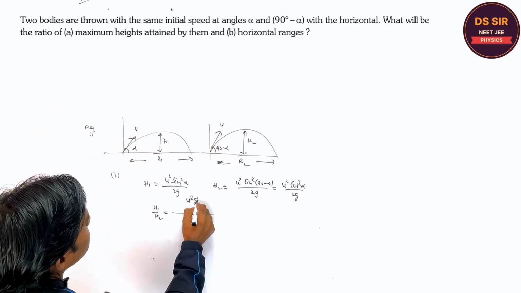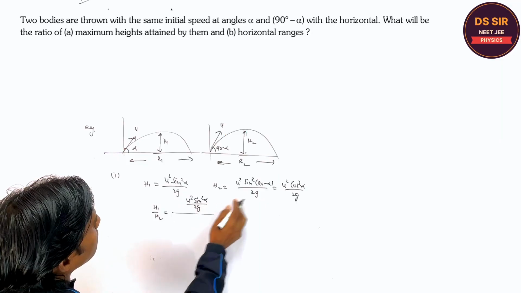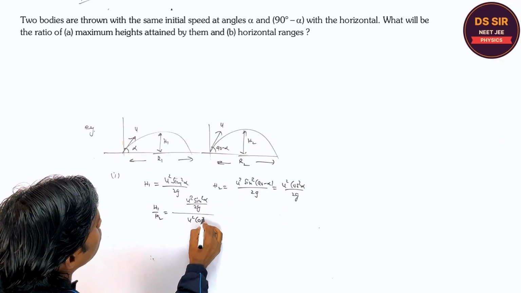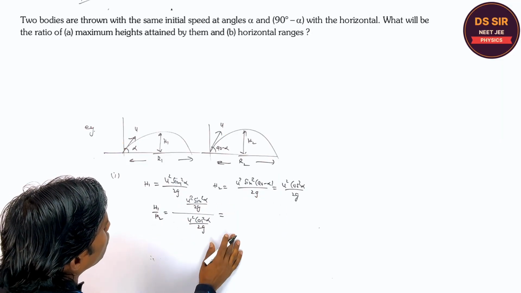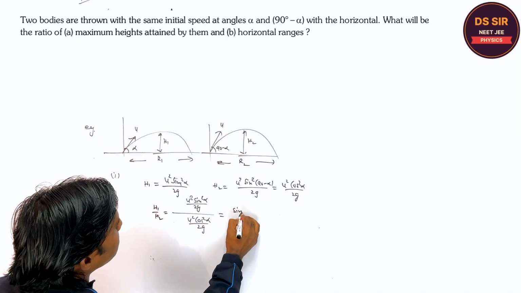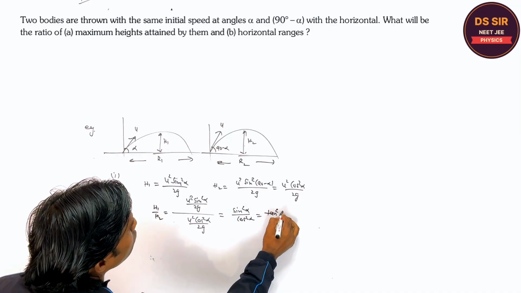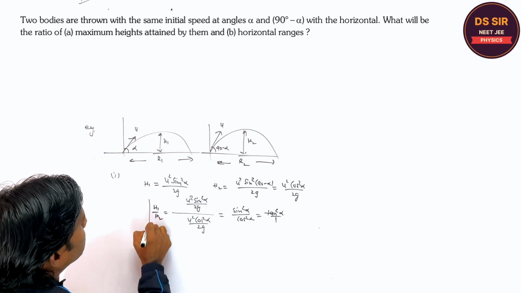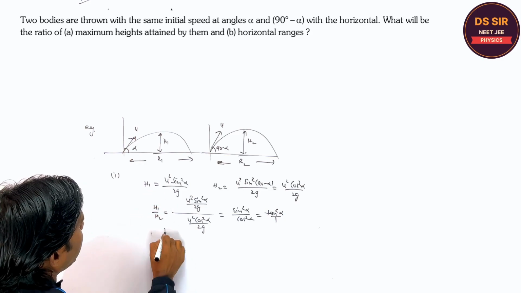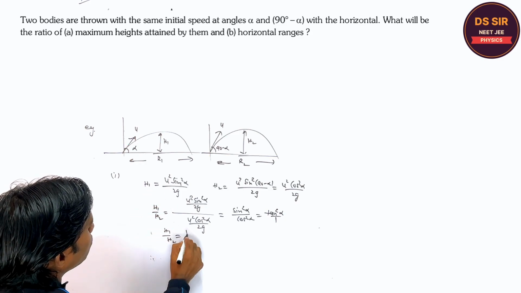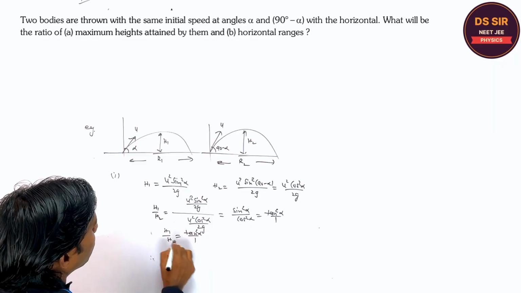Everything will cancel out except sin square alpha and cos square alpha, so H1 upon H2 is tan square alpha upon 1. This is the ratio.